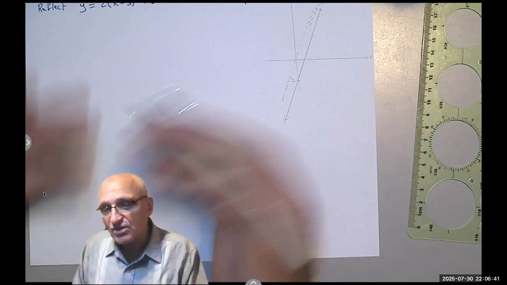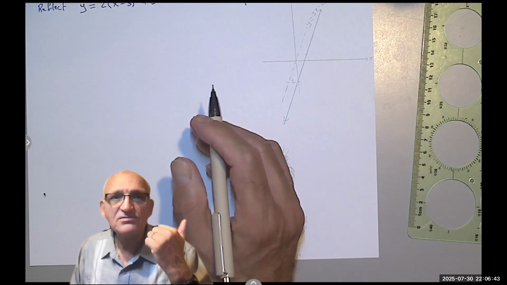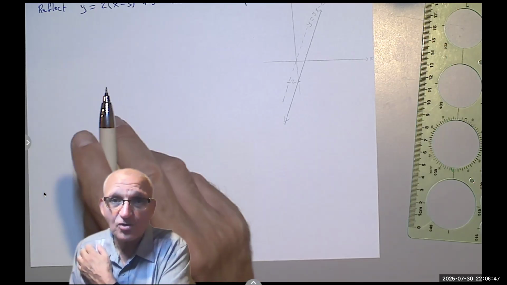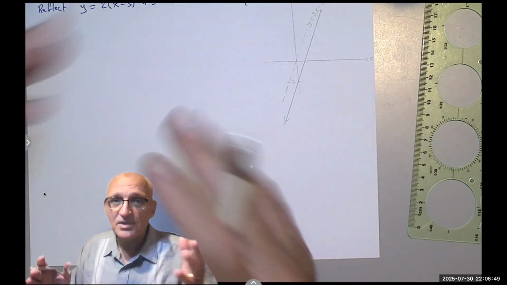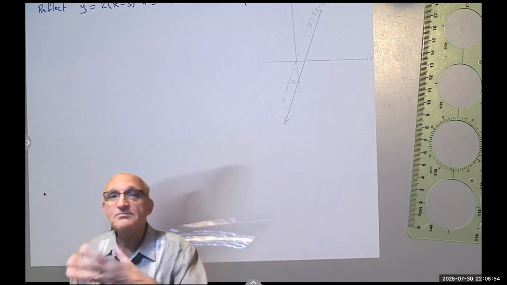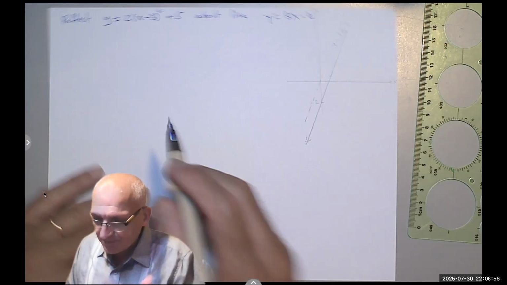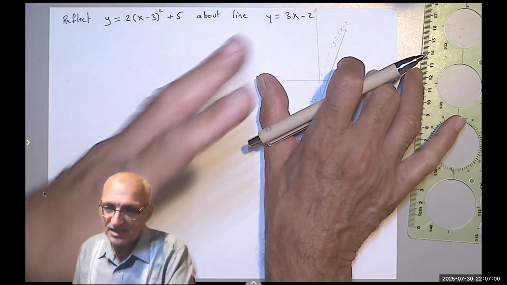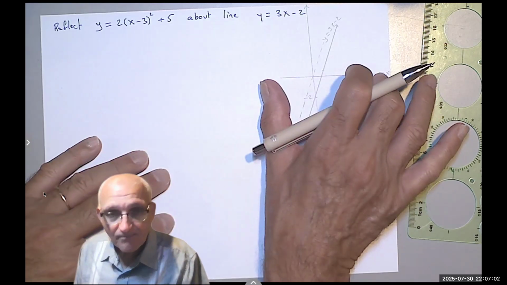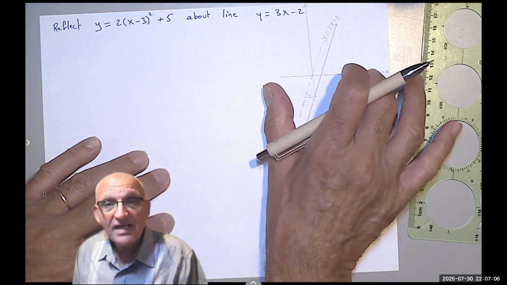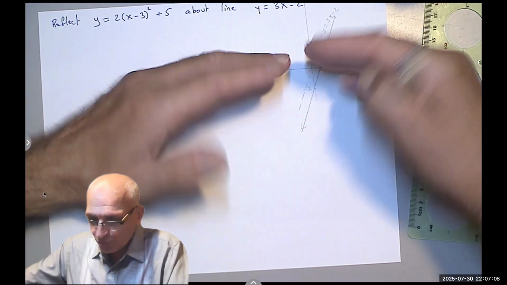So even though it's clockwise, you saw that in the rotation, right? If I rotate a point, I rotate it either clockwise or counterclockwise. But if it's a line or ellipse or any other conic section, I rotate it backwards. So step number 2, I'm going to rotate this clockwise, but the equation counterclockwise through an angle whose tangent is 3, right? Then I'm going to flip it over, reflect it.